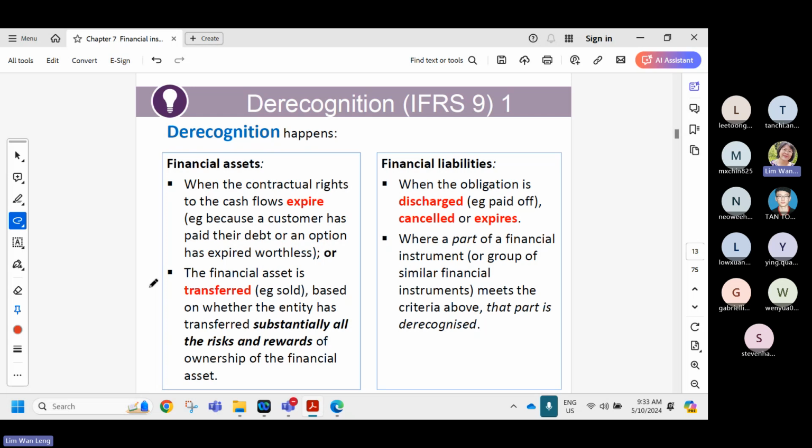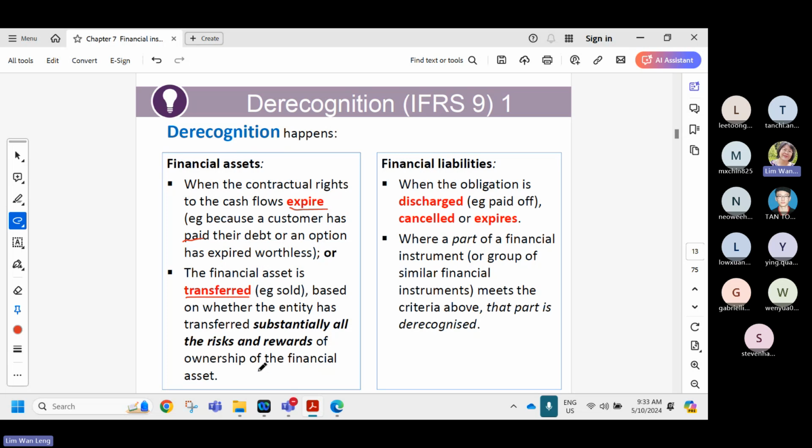Okay, so now when you want to derecognize, derecognition will take place when the financial asset has expired. Maybe the right to receive cash has already expired because the customer has already paid whatever amounts are due to you, or the financial asset has been transferred.